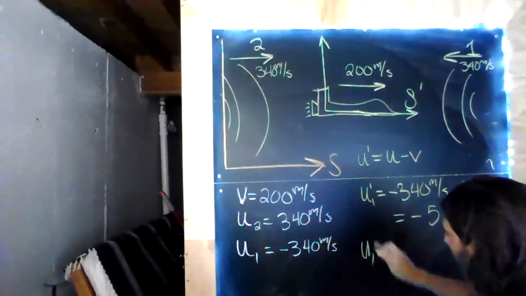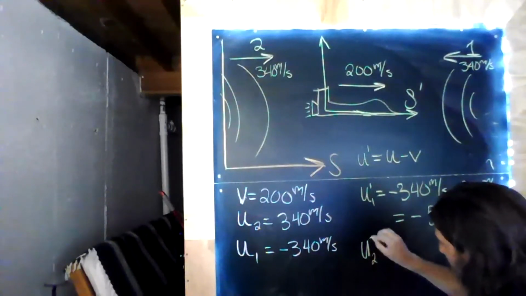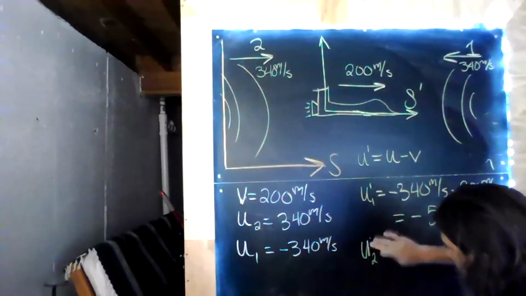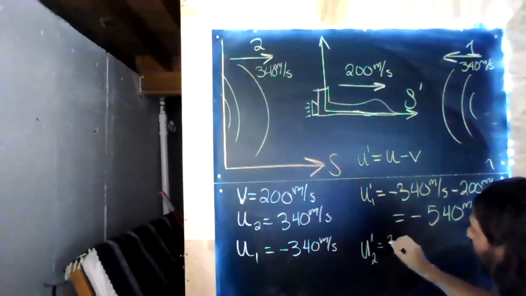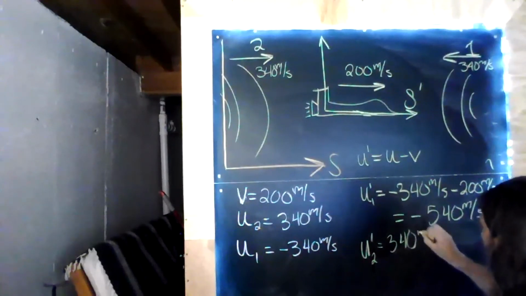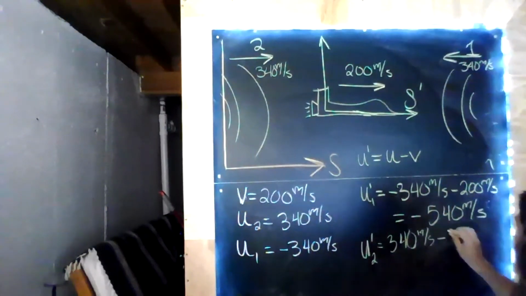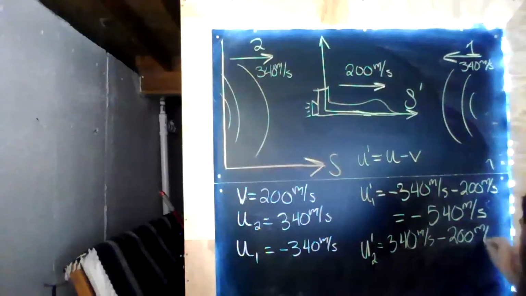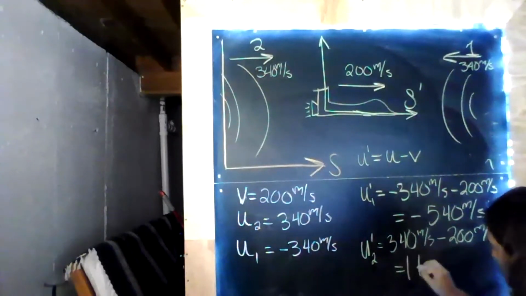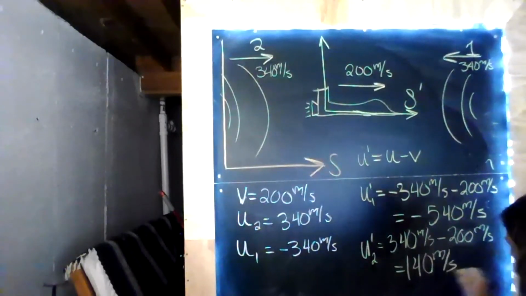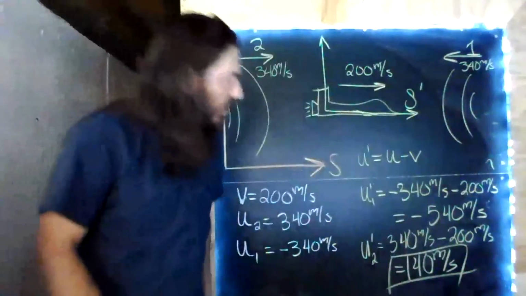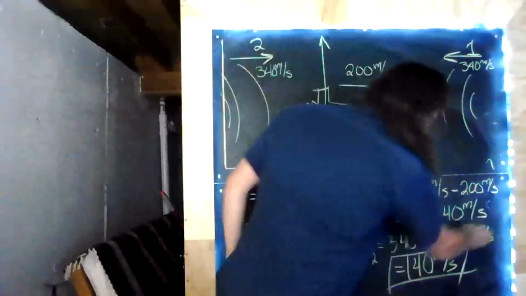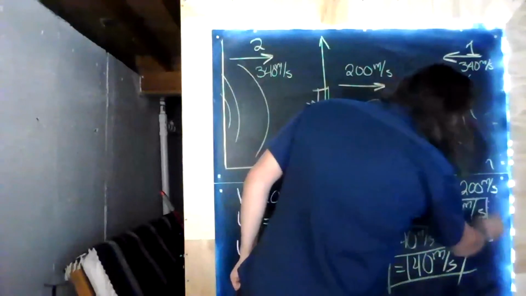Whereas u prime 2 equals 340 meters per second minus 200 meters per second. Equals 140 meters per second. Okay, do these numbers make sense? Well, I think so.